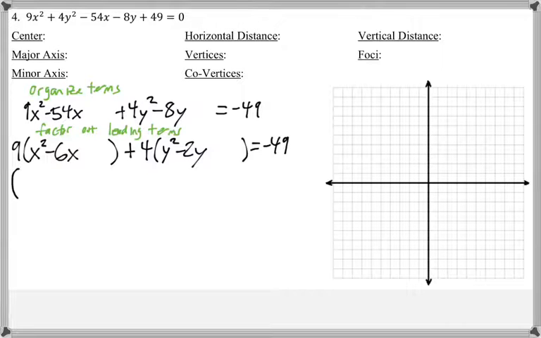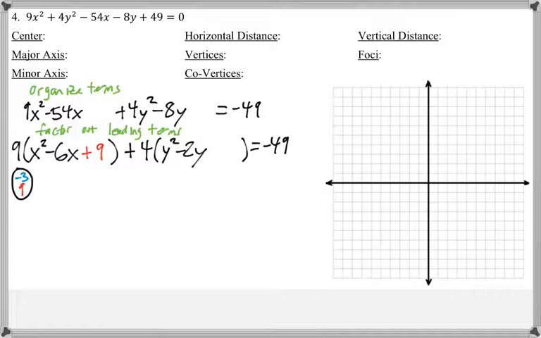Okay, so to complete the square, we need to take half of the x term. So half of negative 6 is negative 3. And I'm writing it down because I will see that number again. But I first need to square it. So if you square negative 3, you get 9. And that's what I want to add here. But I do need to keep this legal.